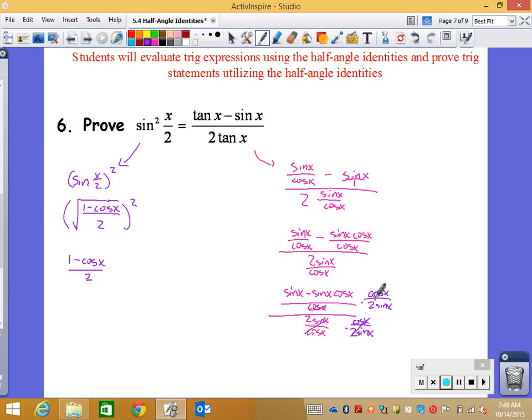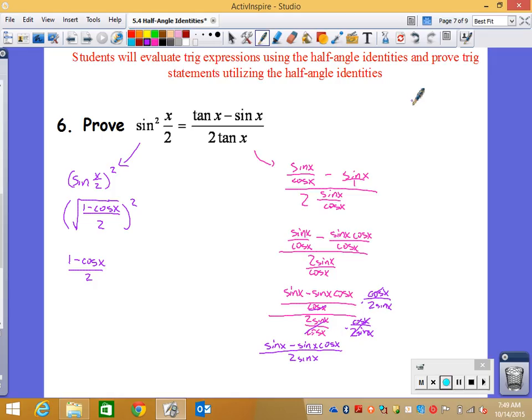So let's write what I have now. So this is equal to sine x minus sine x cosine x, all divided by 2 sine x. So notice on the top, both the sine x and the sine x cosine x, I can factor out a sine x. I'm going to come up here now, up to the top.